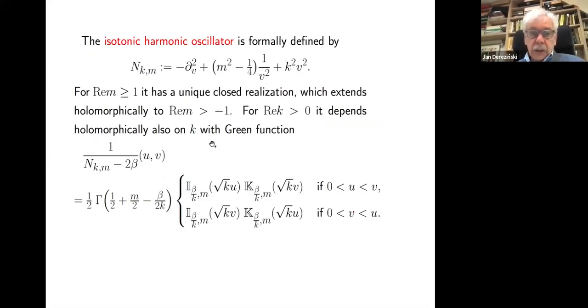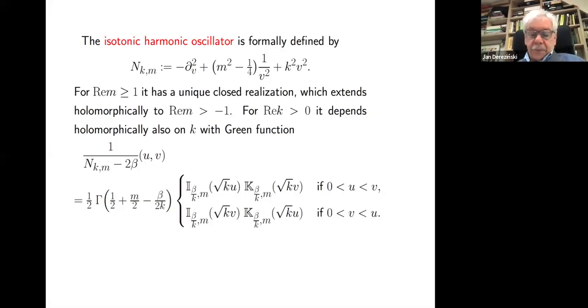Finally, the isotonic harmonic oscillator. The harmonic oscillator is the square of the variable, which here is called v, so v squared. Suppose you have a two-dimensional harmonic oscillator with the same frequencies in both x and y variables.